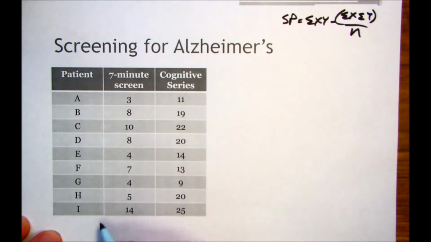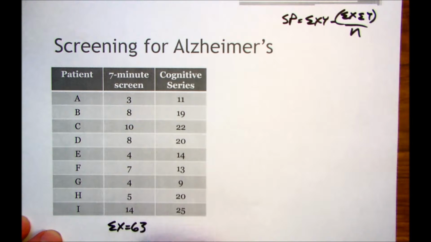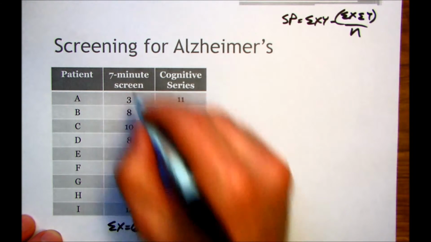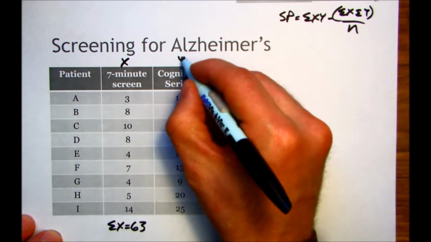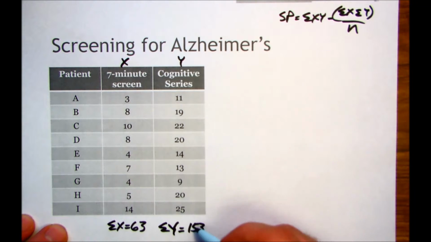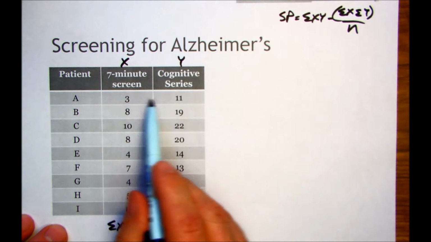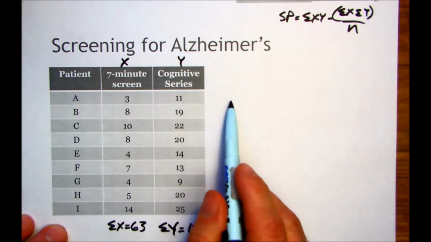So first off, the way in which we go about calculating these formulas, we would add up all the x's. So the sum of x, if you do that, is 63. If you add up all the y's, so we'll label this the x and this is the y, this is 153. We add up all those numbers. Okay? And then on this side, for each of these, we multiply across.